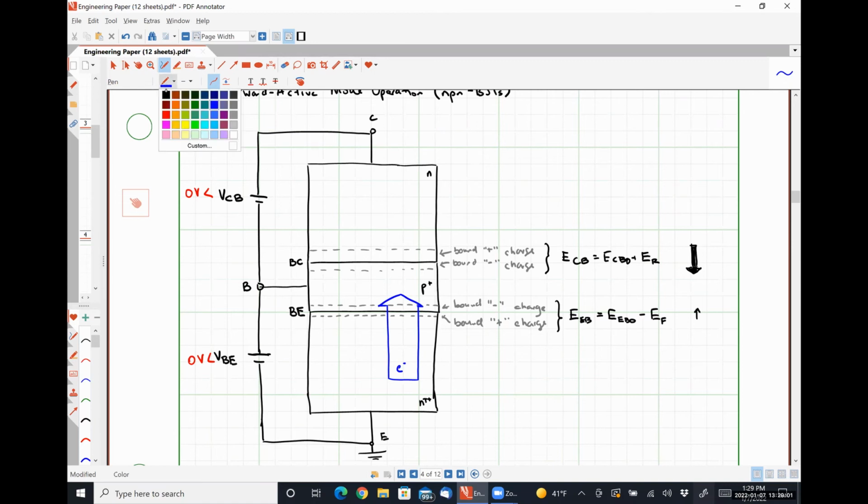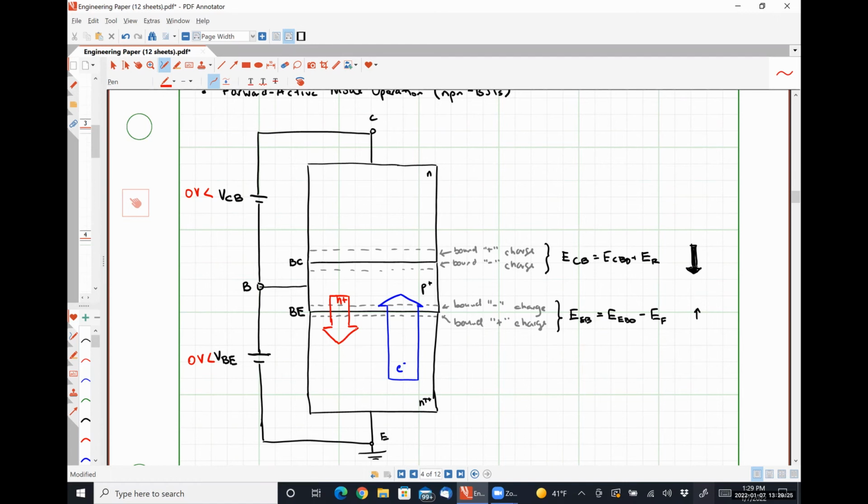And similarly, some holes, which I'm going to call H plus, are going to diffuse from the base into the emitter.